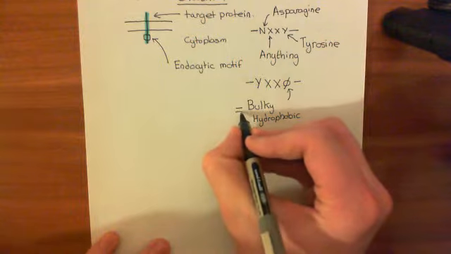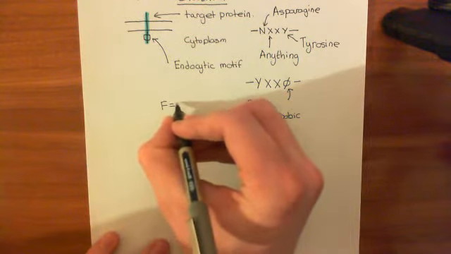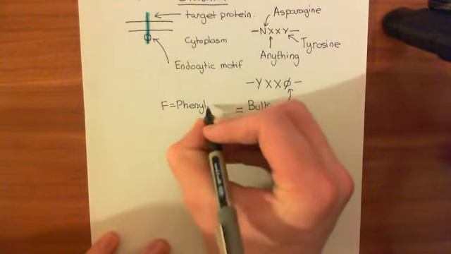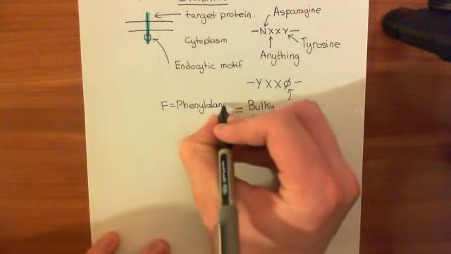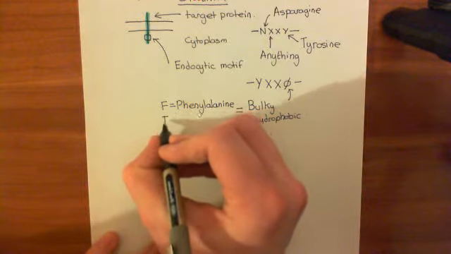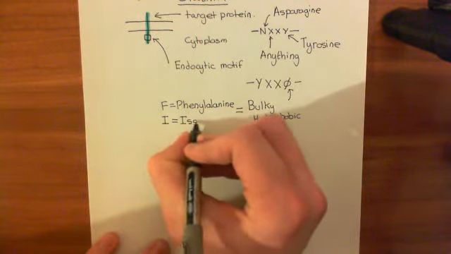Well, examples would be phenylalanine, which is denoted by F. Another example would be the amino acid with single letter code I, which stands for isoleucine.